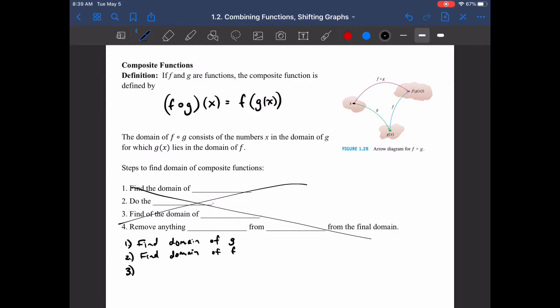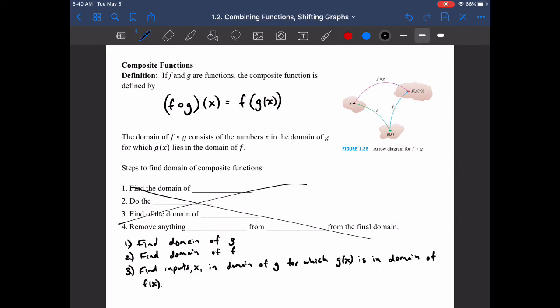And then 3, this step's a little bit more writing than the others, but let's see if I can get it in here. Find inputs, basically x values, in the domain of g, all right, in the domain of g for which g of x is in the domain of f of x.